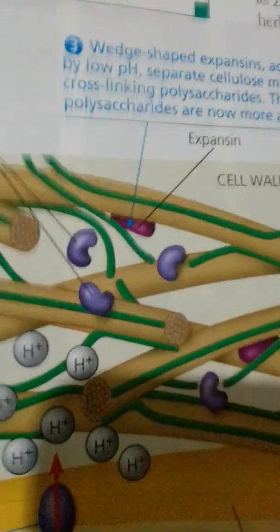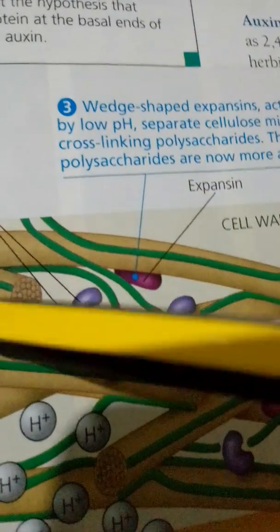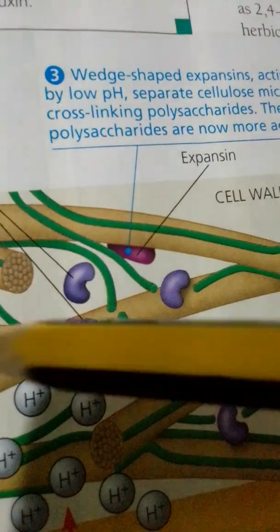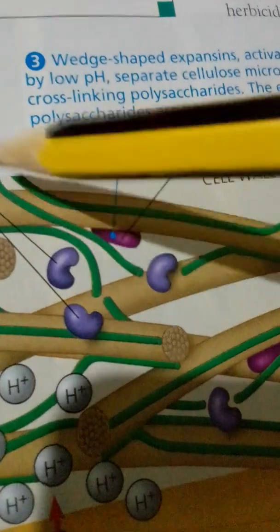This figure represents cell elongation in response to auxin, the acid growth hypothesis. Notice these represent cross-linking polysaccharide, cell wall, microfibril, and cell wall enzymes, expansin, cell wall, plasma membrane, cytoplasm, ATP.